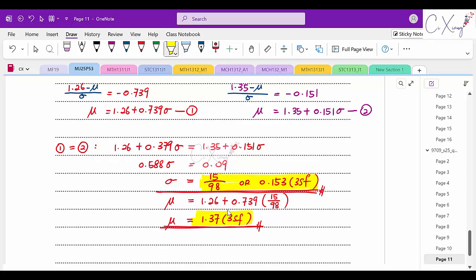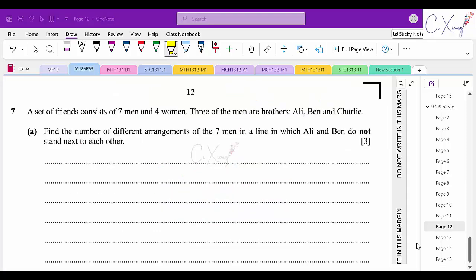So always remember that: if you want to use any value to substitute to get the next part, your value must always be the original value, preferably the fraction form, okay? So this is what you have for 6C. And we'll discuss question 7 later.